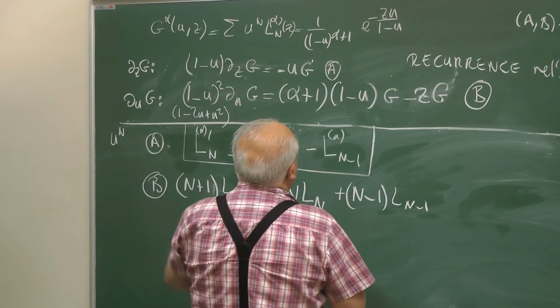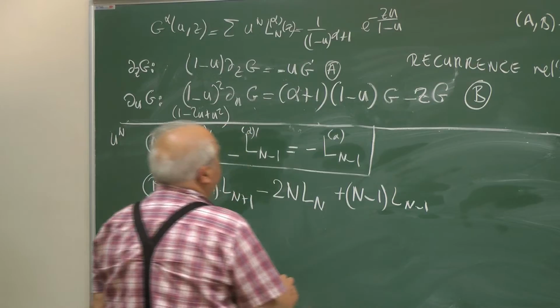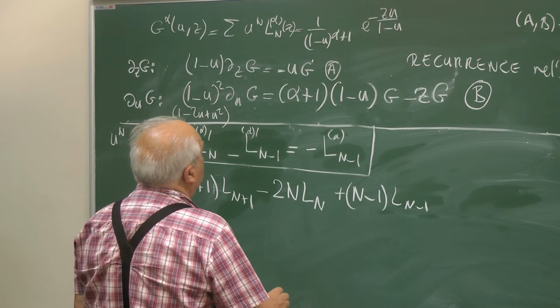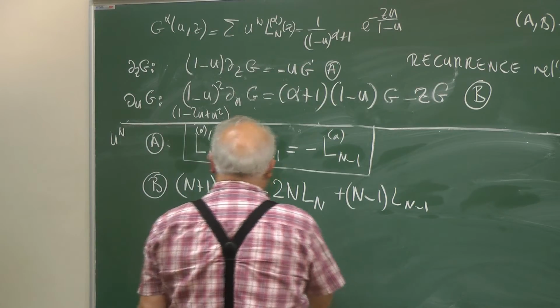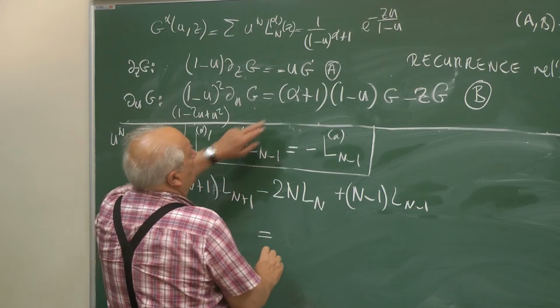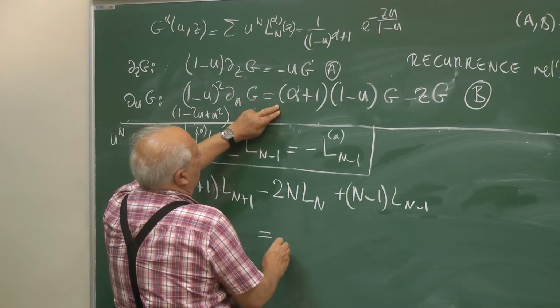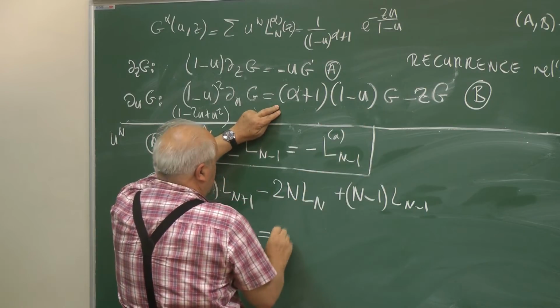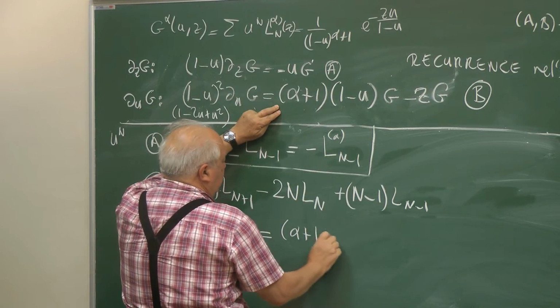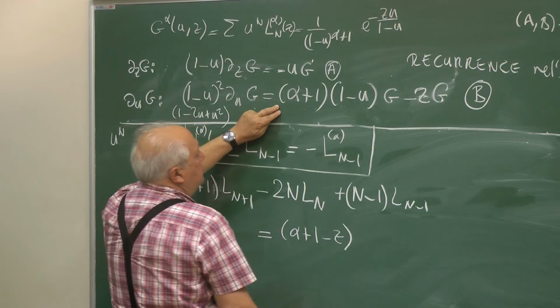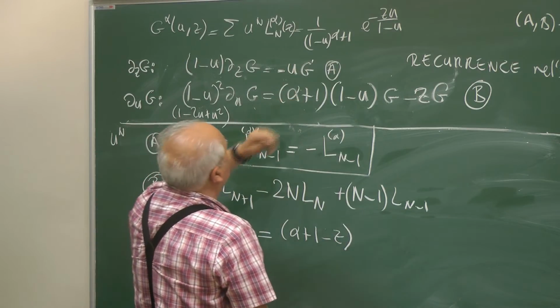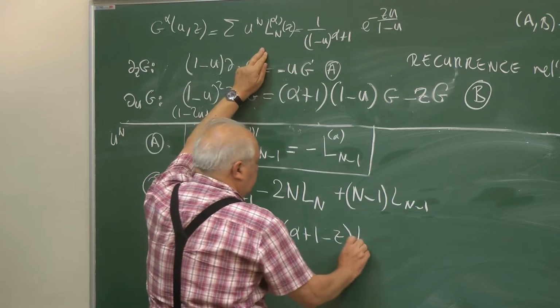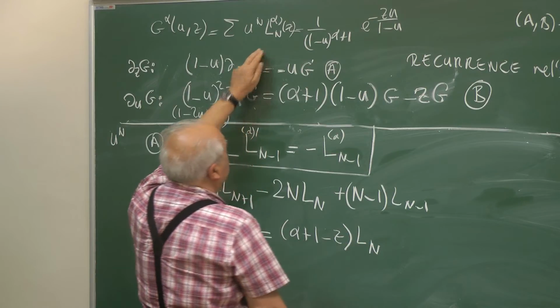That will be equal to (alpha plus 1 minus z) G. G already comes with u^n, so it is simply L_n.